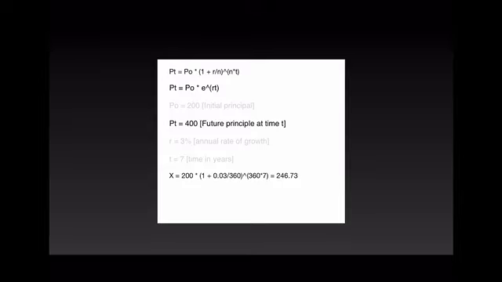Now, if that's what we wanted to do, we wouldn't have to bother with the e. Sometimes it's better to stick with what you know. We could simply keep on doing this, but let's suppose we change our unknown. Suppose I'm interested in when my investment would double, or actually, as I've set it up, not so much when, as what kind of rate would I need in order for my investment to double in that time?